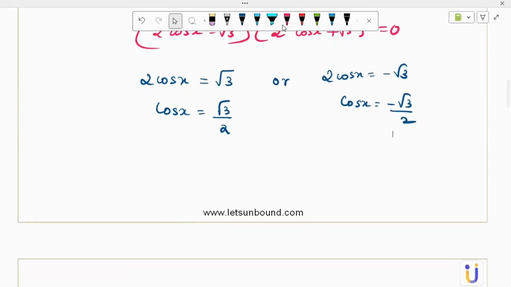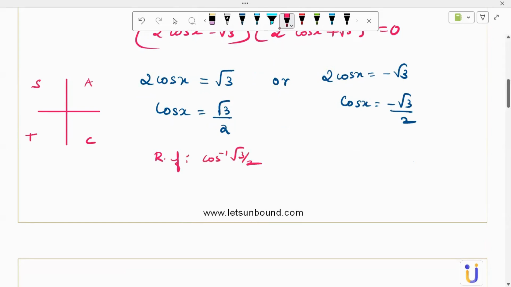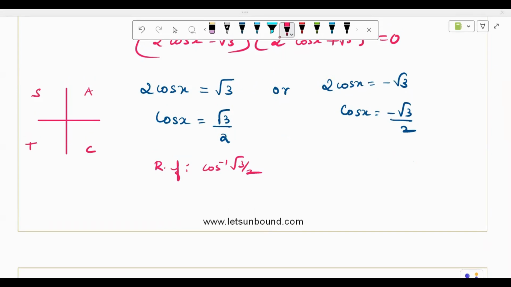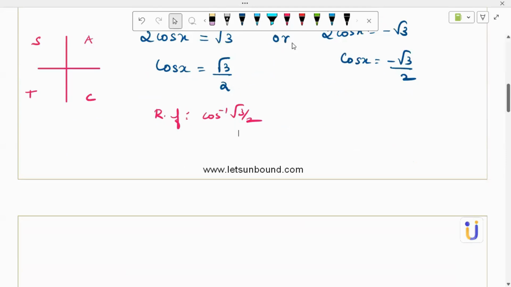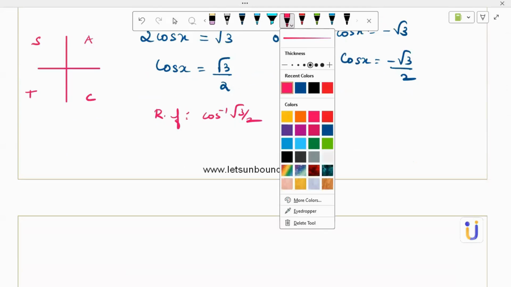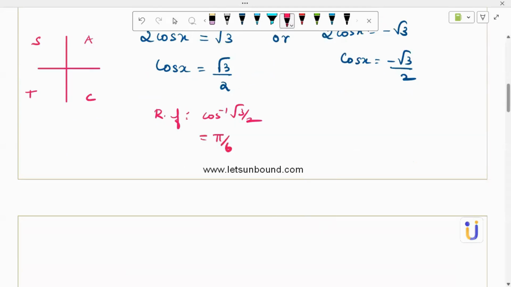Now, using the ASTC rule, where cos is positive root 3 by 2, the reference angle is cos inverse root 3 over 2, which is pi by 6, since cos 30 degrees. So the reference angle I got is pi by 6.